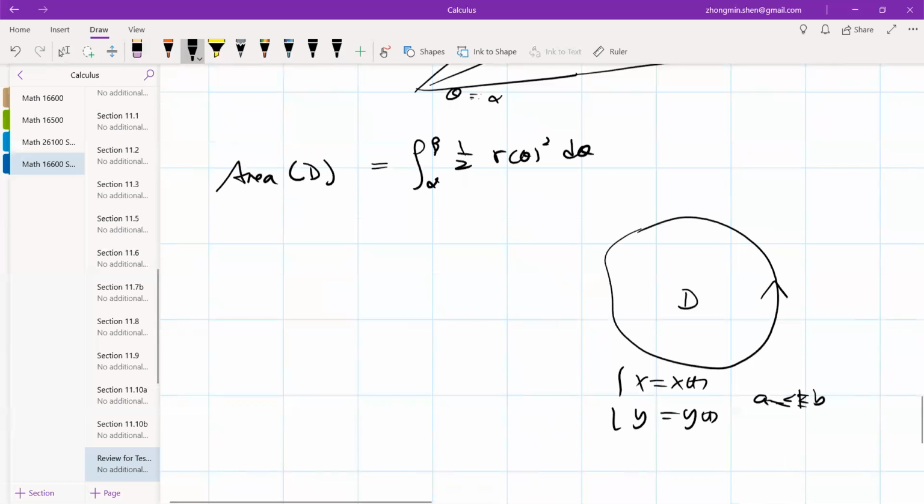So what is that formula? You'll be surprised too. It's mentioned in the book, but it's not proved in the book.